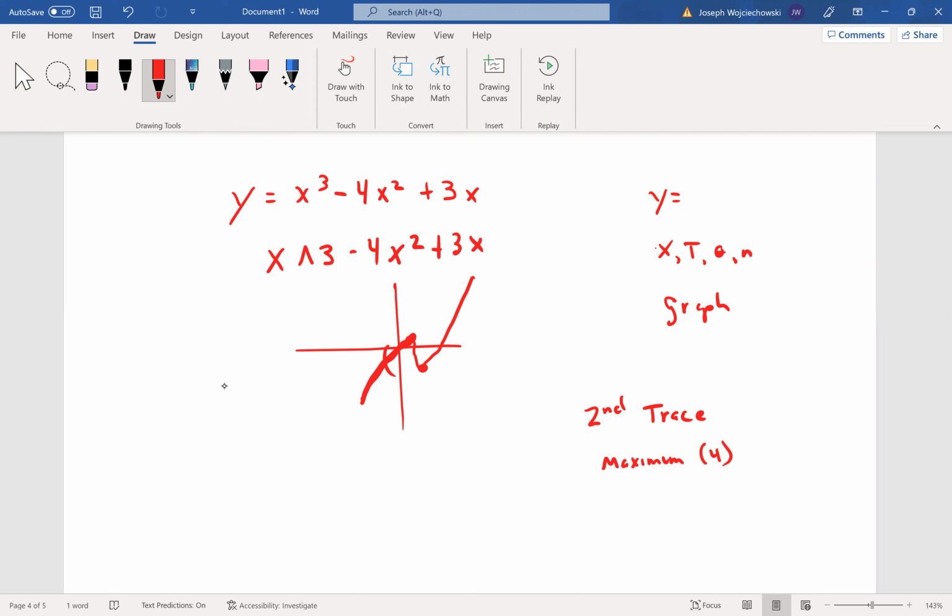So now I need to find a point somewhere in here that's to the right of my maximum.